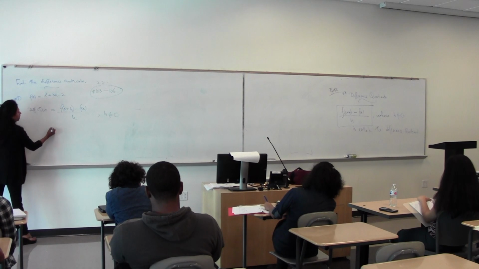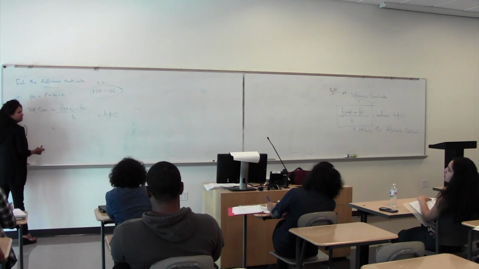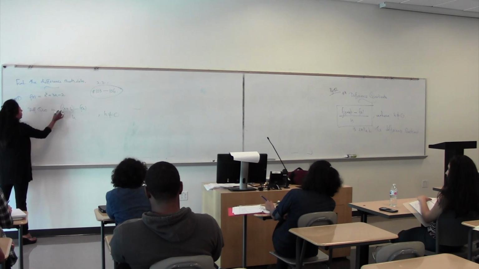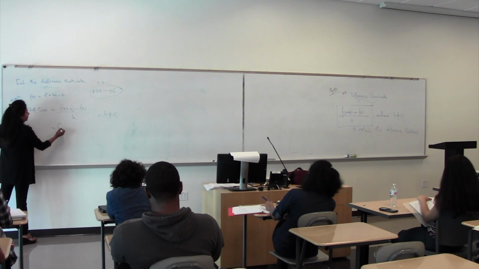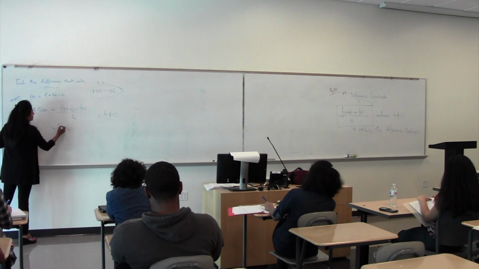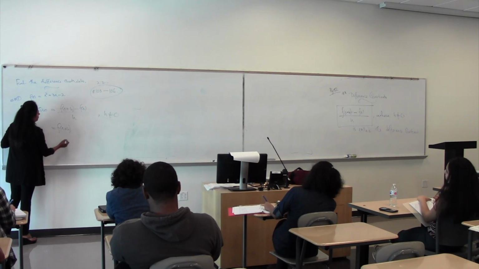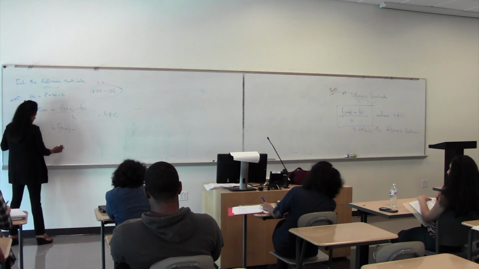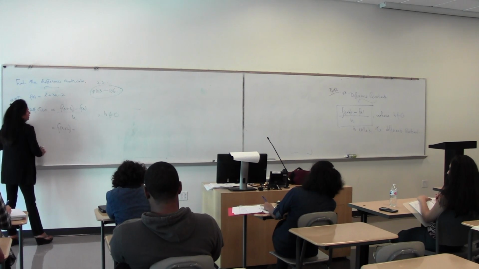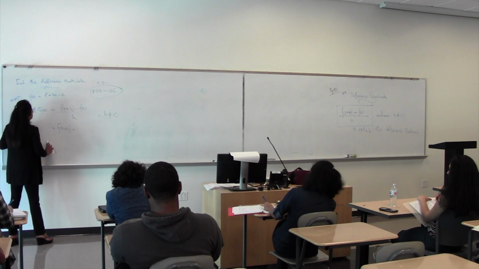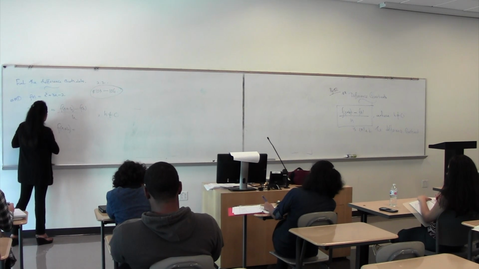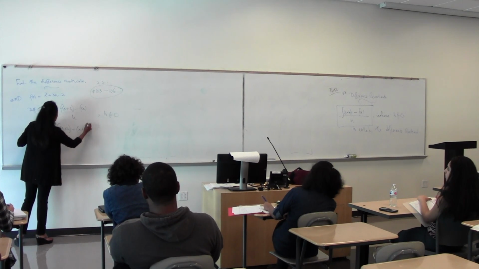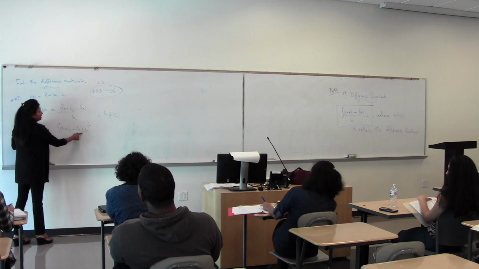Now substitute. All you have to do is evaluate. If f of x is equal to this, what is f of x plus h? F of x plus h is equal to (x plus h) squared plus 3 times (x plus h) minus 2. Instead of x, you put x plus h.